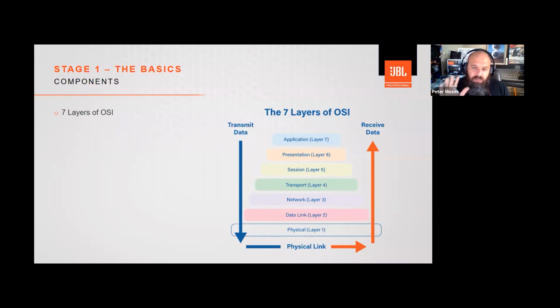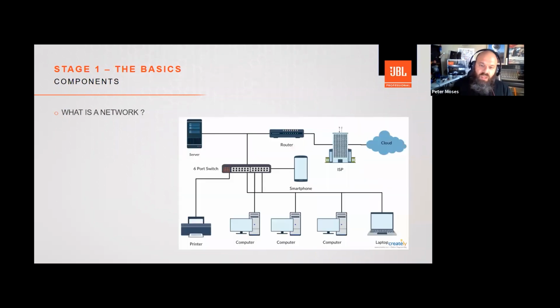So all really important levels. No one level is more important than the other, but important to note. As we move through this presentation, we're going to talk about where audio starts and stops, where commands for sending audio start and stop. And we're going to reference the various layers within the 7 layers of OSI. We've spoken about what a network is.